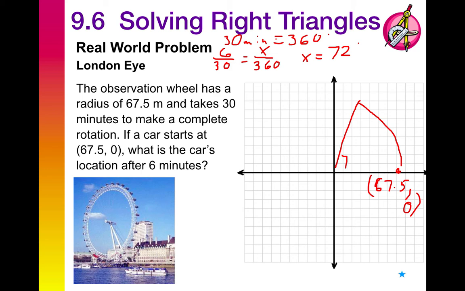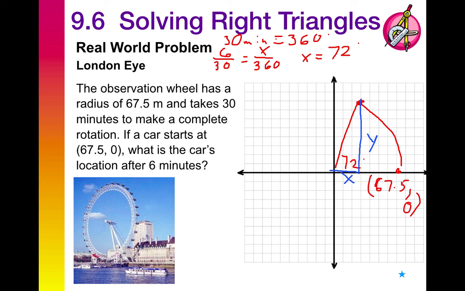So this is going to be 72 degrees. And we want to find out what this location is right here. So if I draw a vertical and then a horizontal, those are the two things that I want to find out. I want to find out what this x value is and what this y value is.